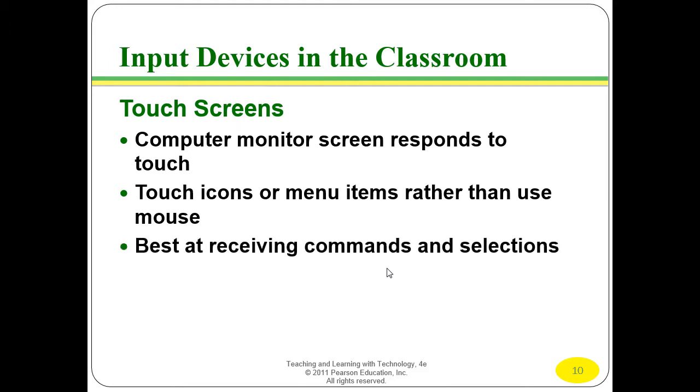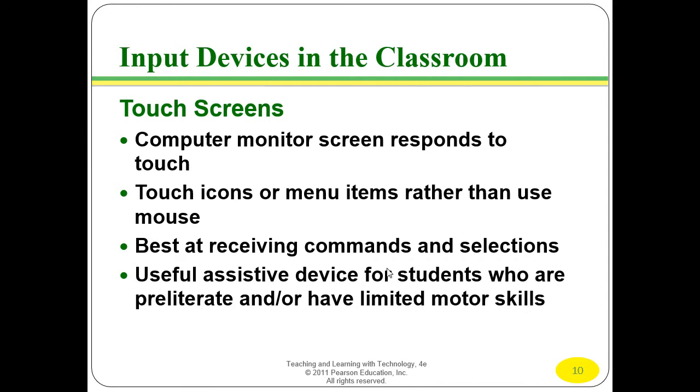It's best at receiving commands and making selections. You'll still need a keyboard to do any kind of word processing or typing that you may need to do, but yet all the commands that you would input with a mouse, you can use this touchscreen. What's nice about this is that it's useful as an assistive device for students who are pre-literate or have limited motor skills.